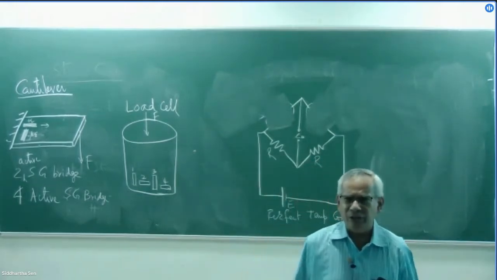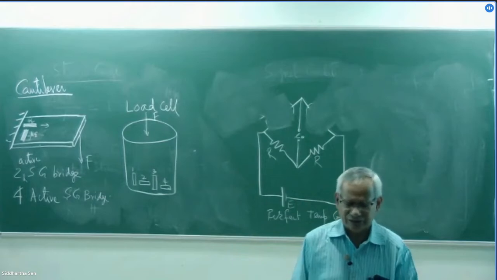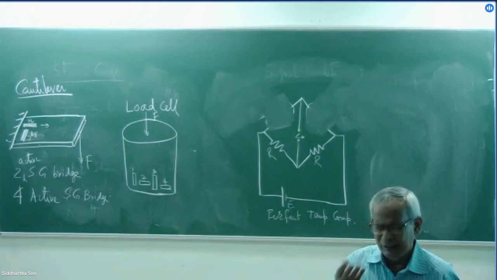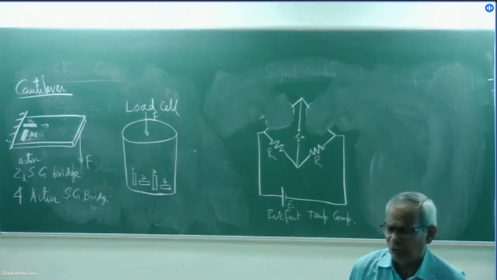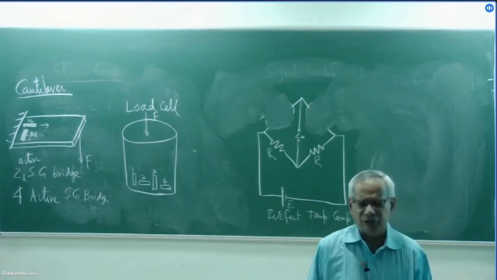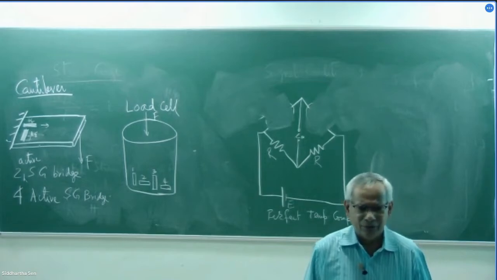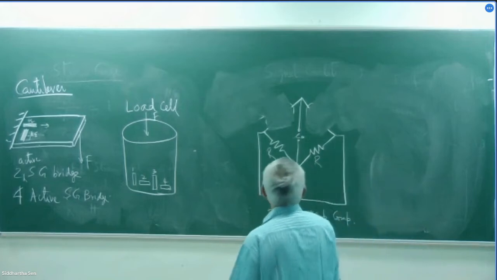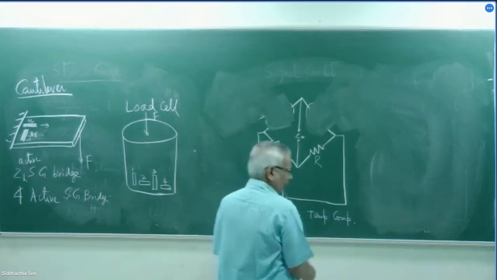Of course, we can do it by solving the Wheatstone bridge, the same thing, but there is a way by which we can develop an approximate formula, and by using this we can directly get the unbalanced voltage.